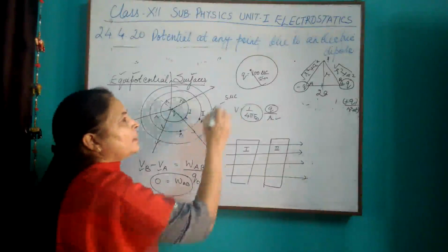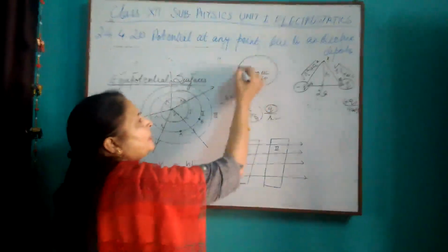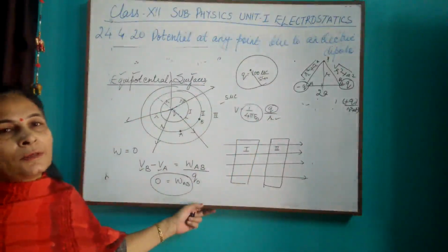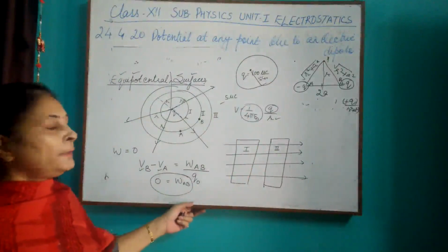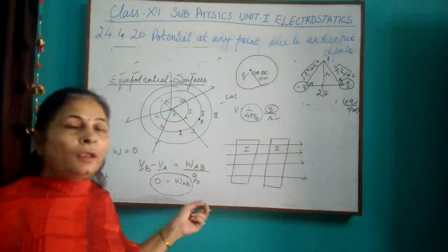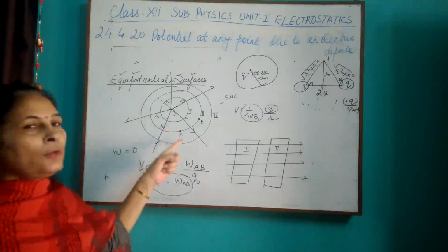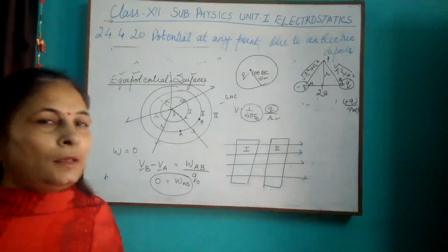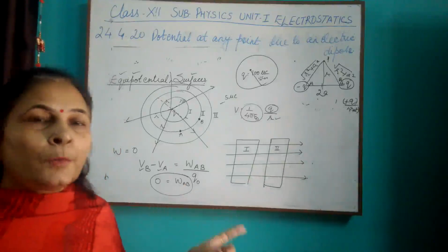So work done again will be 0. Reason being that it will be an equipotential surface. In a uniform electric field also, the work done will be 0, and that will also make an equipotential surface. No two equipotential surfaces can intersect each other. So these are the various properties of equipotential surface.